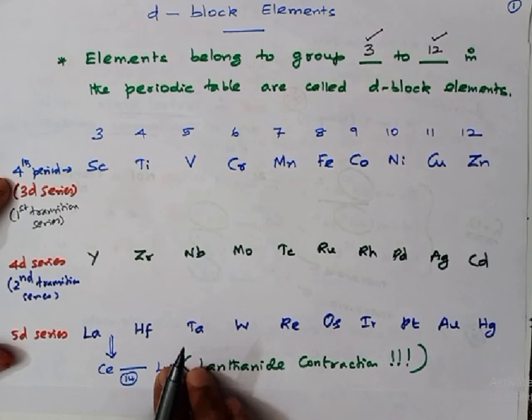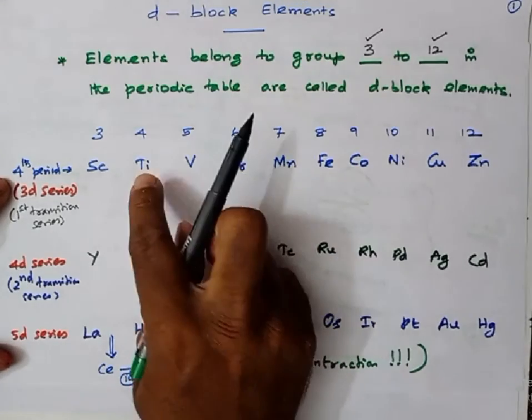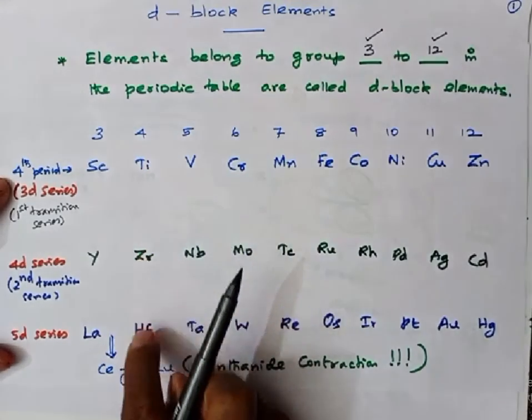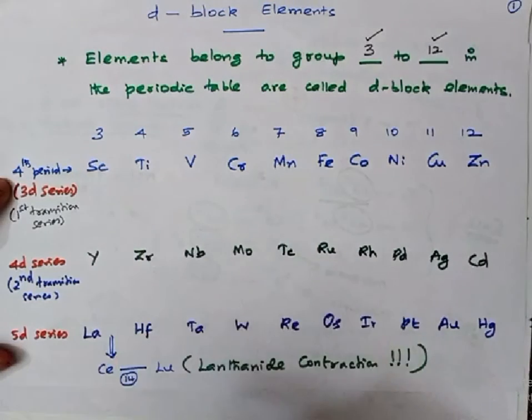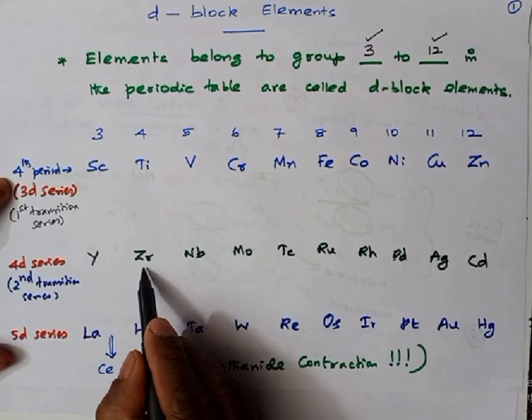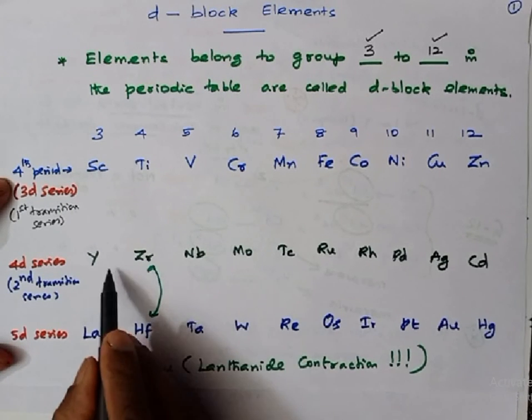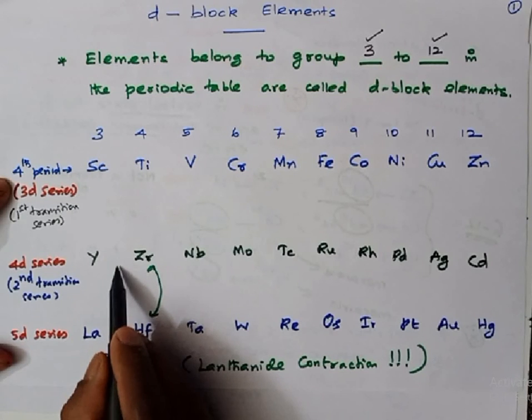Because of that, students, when you move down from 3D to 4D, 4D to 5D, size is supposed to increase. But due to lanthanide contraction, if you compare the size of zirconium and hafnium, between zirconium and the element above there is no lanthanide contraction because there are no lanthanide elements here.